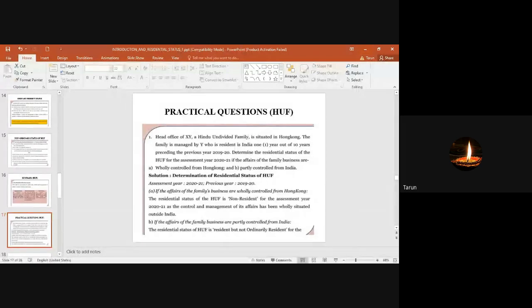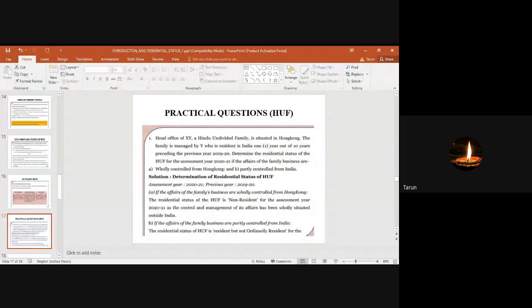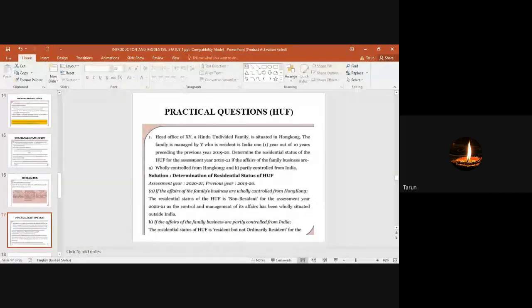Now B. B is partially controlled from India. It's very clear when it comes to finding out resident or non-resident. Non-resident you already understood. Resident is if the HUF business affairs are controlled and managed either partially or wholly in India, the HUF will become a resident of India, right?